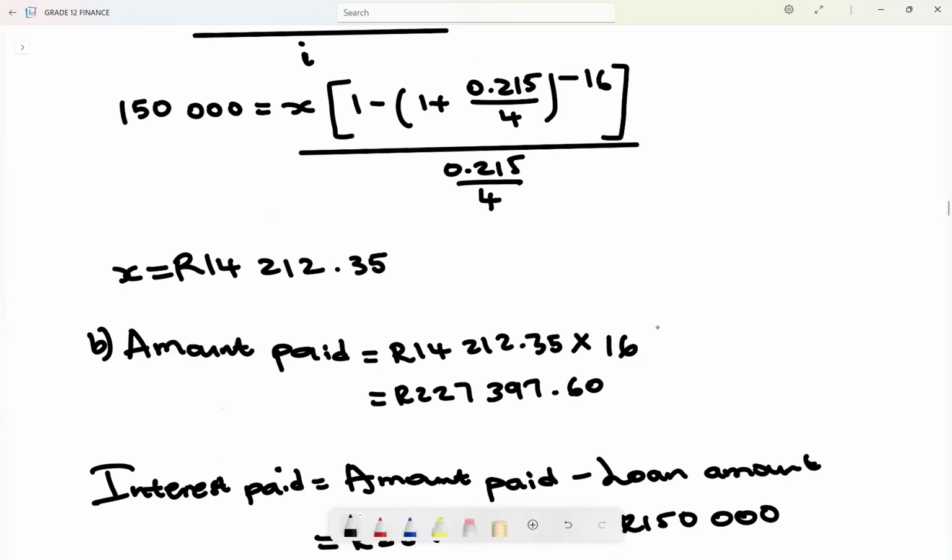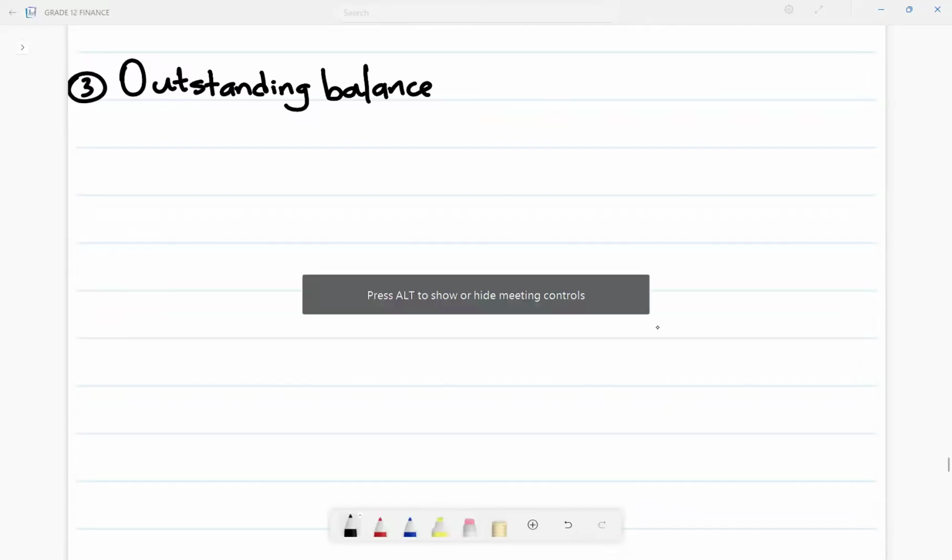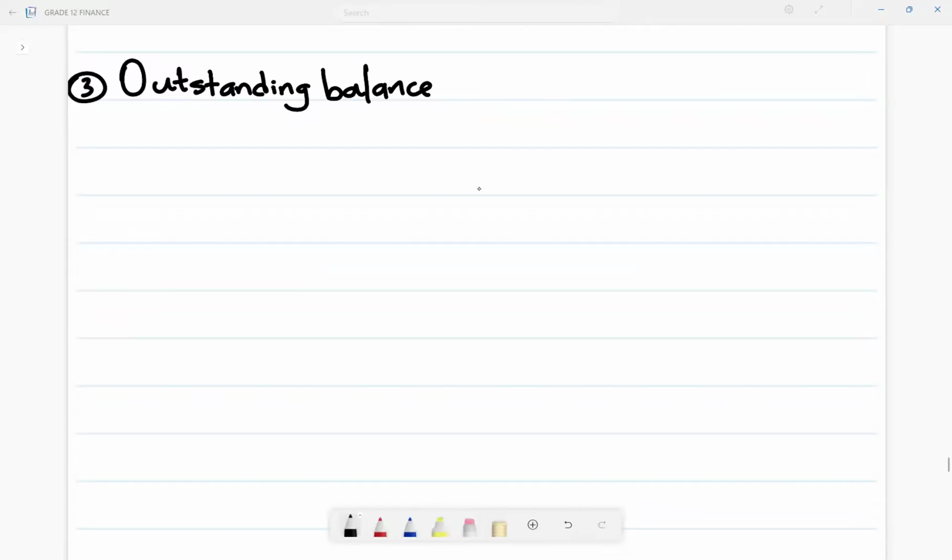Let's move on to outstanding balance. What is outstanding balance? From the way it sounds, it is the balance that is outstanding, that you still need to make payments on.